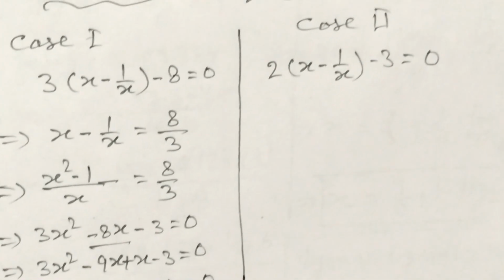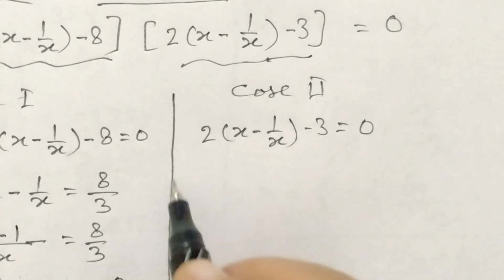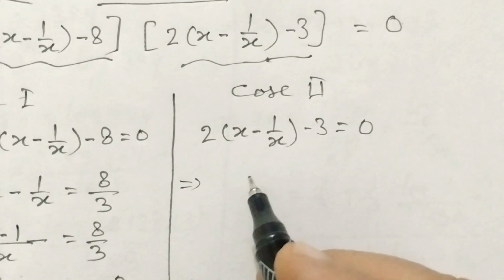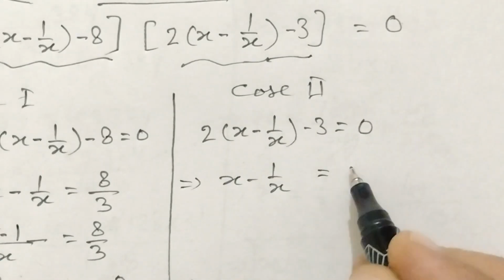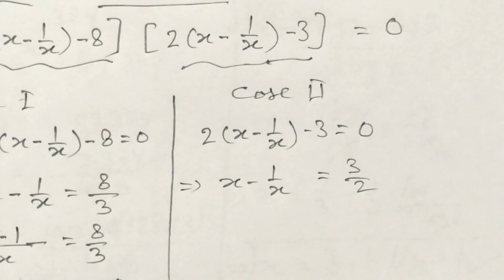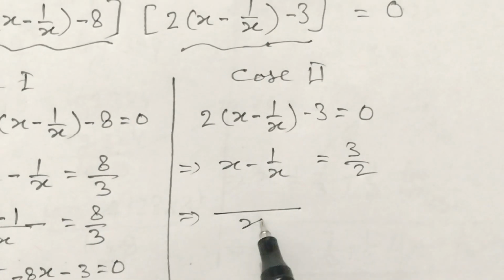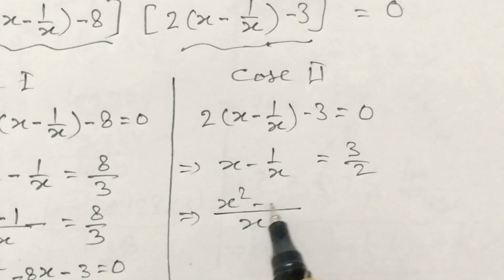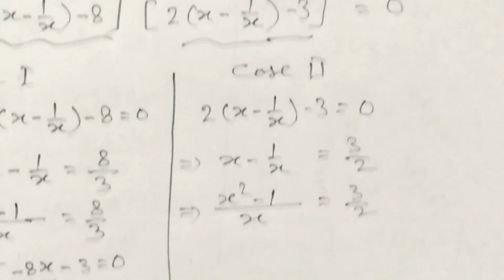Now we will go with this. So x - 1/x is equal to 3/2, right? Or x^2 - 1 over x is equal to 3/2, fine?